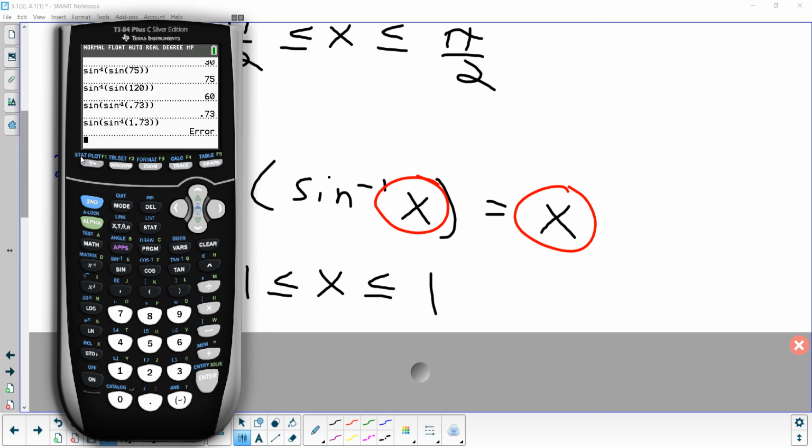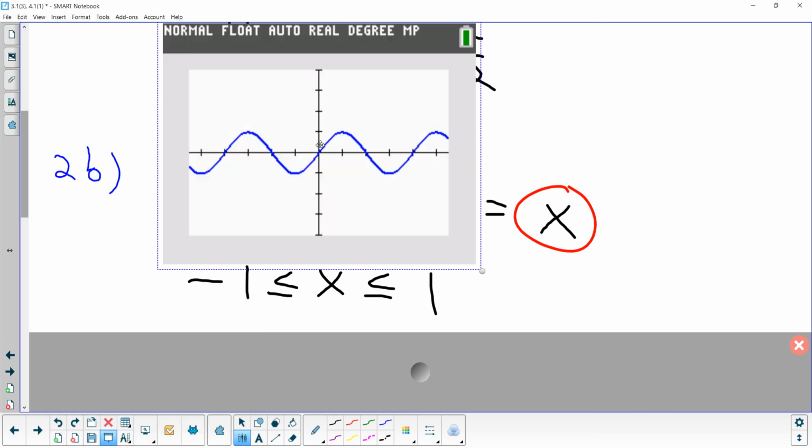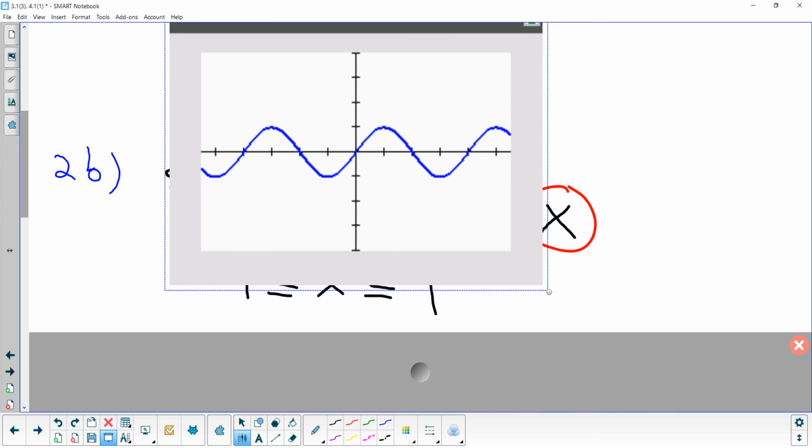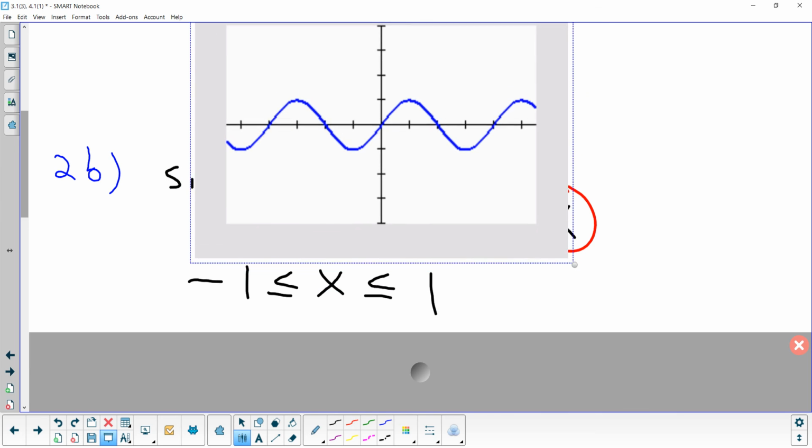And that -1 to 1 has something to do with this. We looked at this picture yesterday. It's a graph of sine. I'm going to put it on the board, make it a little bit bigger. What's the highest that it looks like that graph ever goes? Yep, 1.